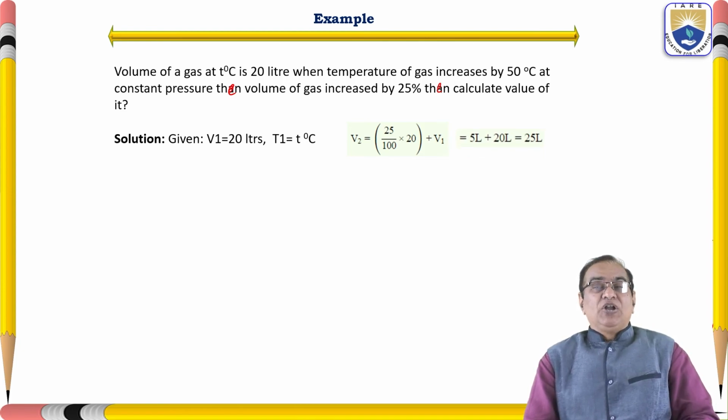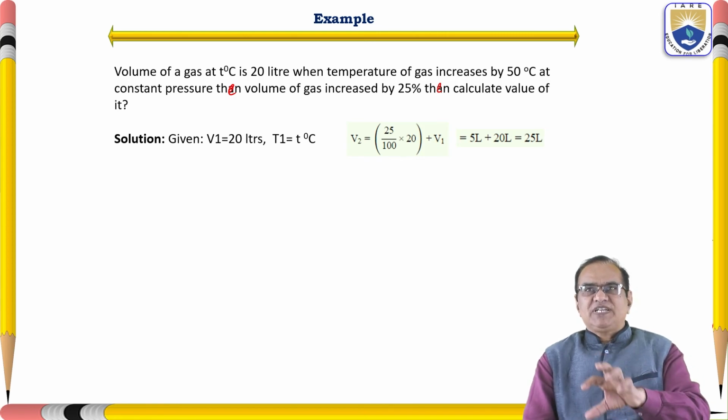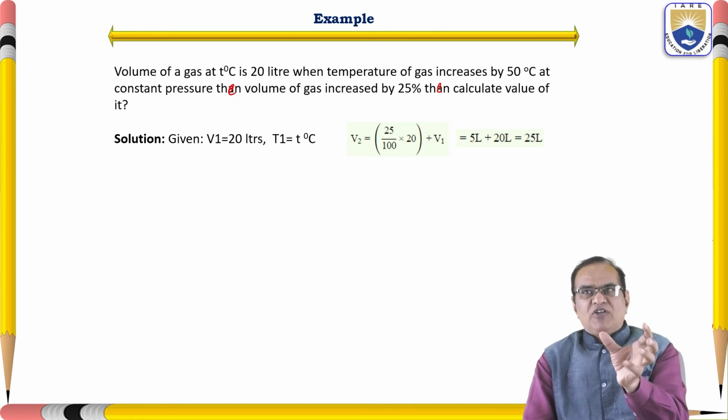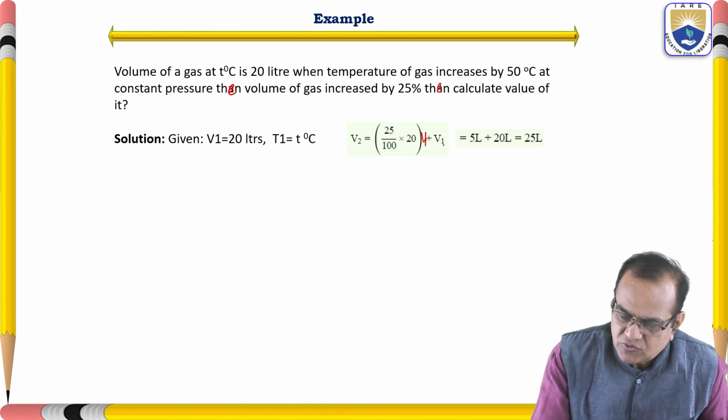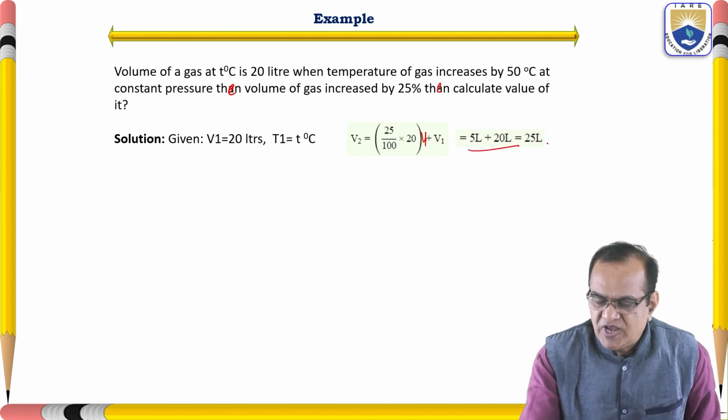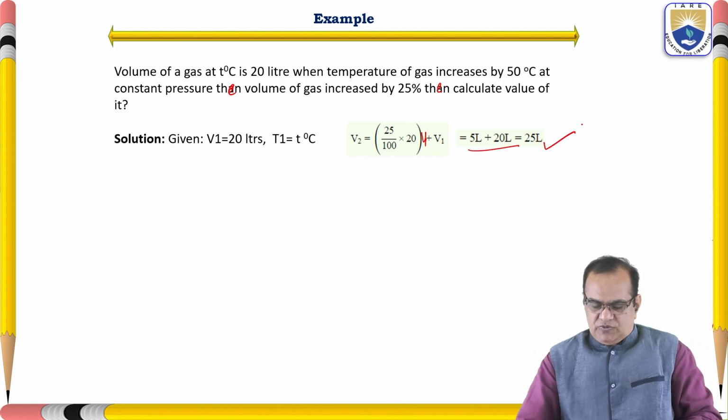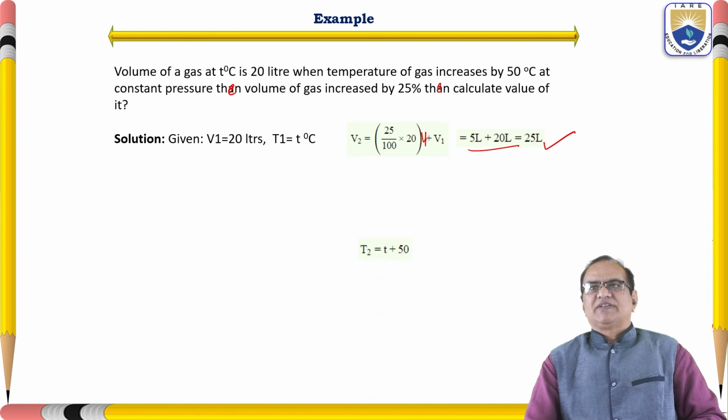We have the total 20 liters. So V2 will be 5 plus 20, that is 25 by 100 into V1 plus V1. So here it is 25 liter. So V2 is equal to 25 liter.